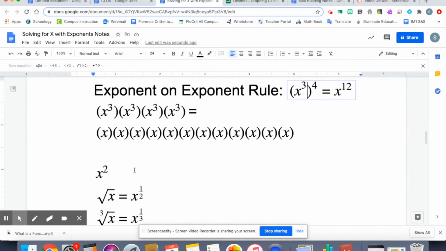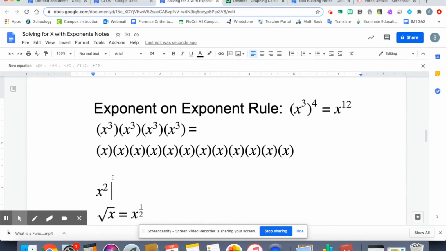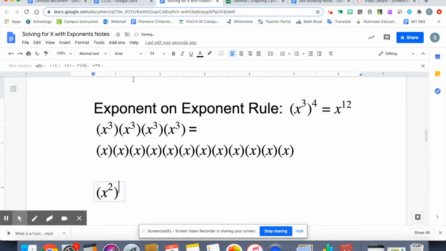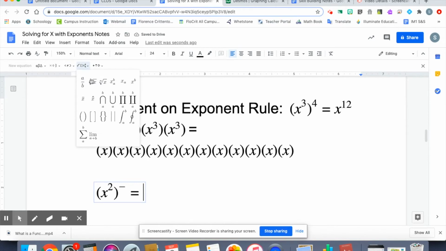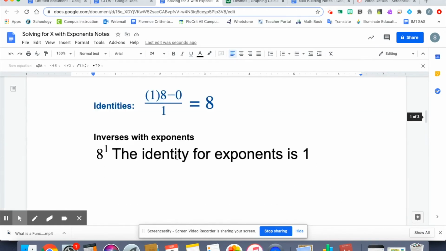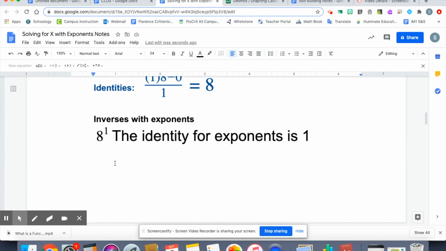So if I take some number and it's to the power of 2, I want to use the exponent on exponent rule to raise it to some exponent. We don't know what. Something's going to go right there, but it needs to equal, when we're all done, x to the power of 1, because that's the identity, when the exponent is 1, which we talked about up there, because it's the secret one.